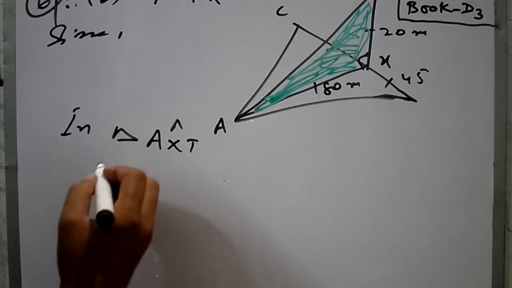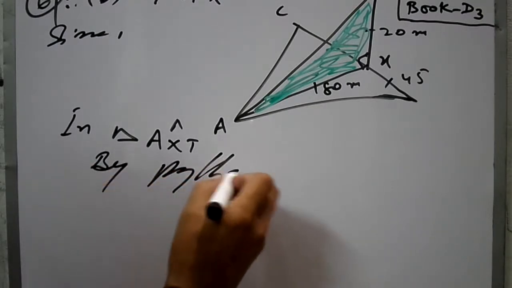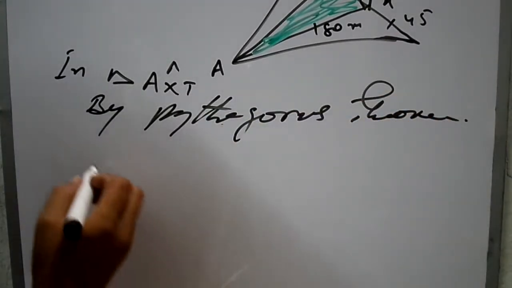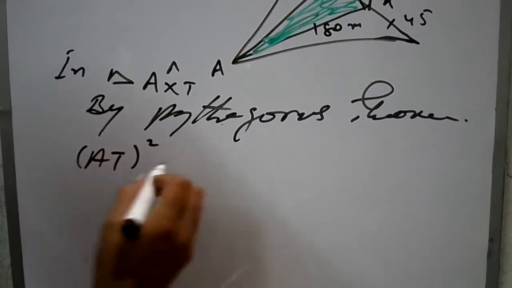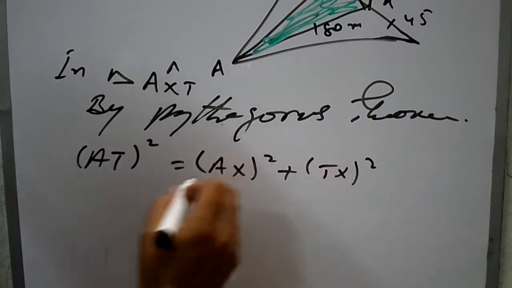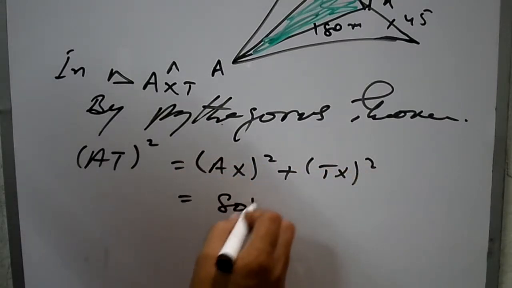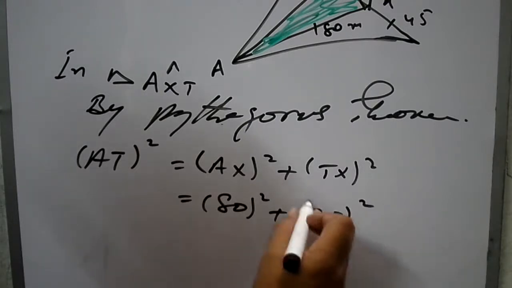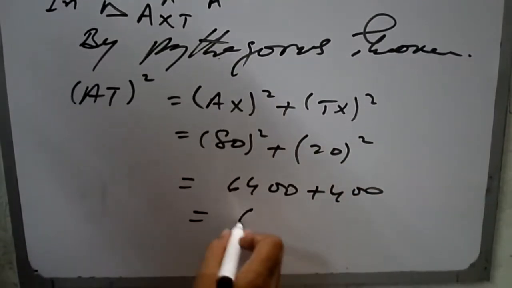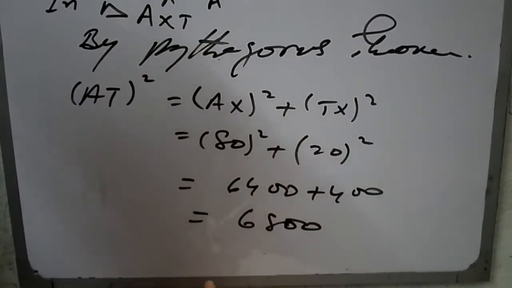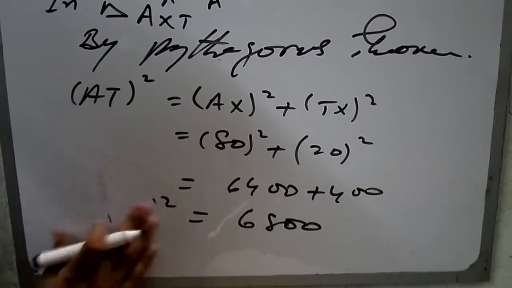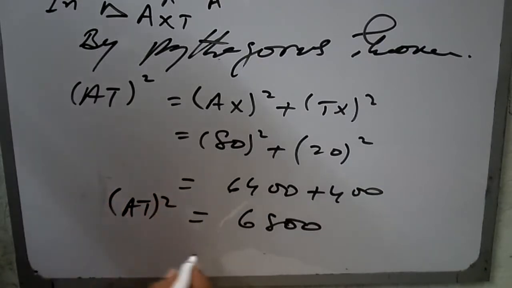So by using Pythagoras theorem, that is 80 square is equal to AX square plus TX square. So by putting the values, that is your 80 square, but we need the value of only 80.